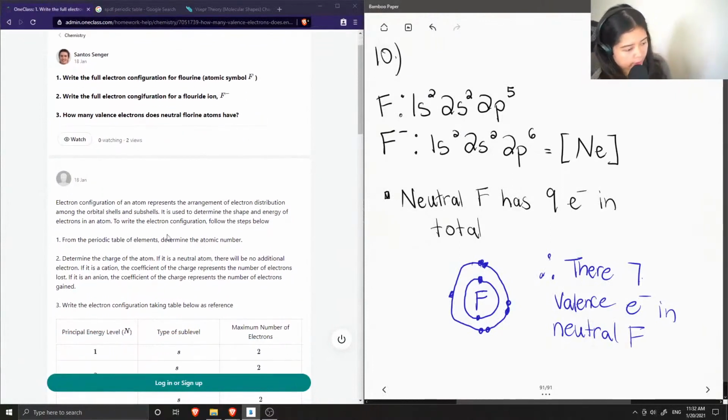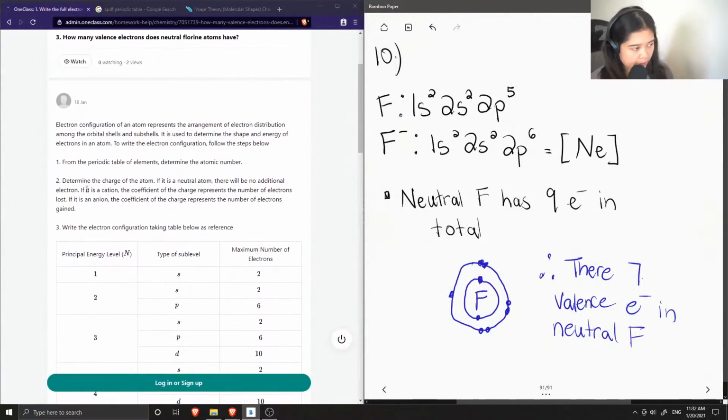So the Junior Tutor said that the electron configuration of an atom represents the arrangements of electron distribution among the orbital shells and subshells. It is used to determine the shape and energy of electrons in an atom. To write the electron configuration, follow the steps below. 1. From the periodic table of elements, determine the atomic number. 2. Determine the charge of the atom. If it's neutral, there'll be no additional electrons.